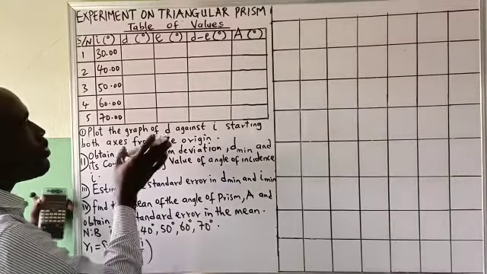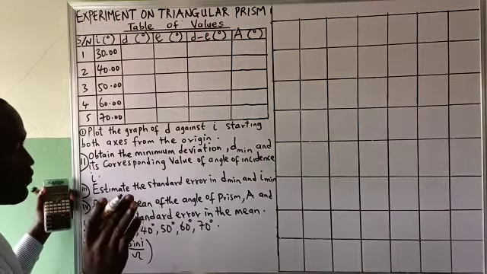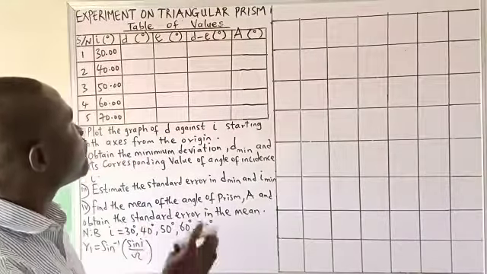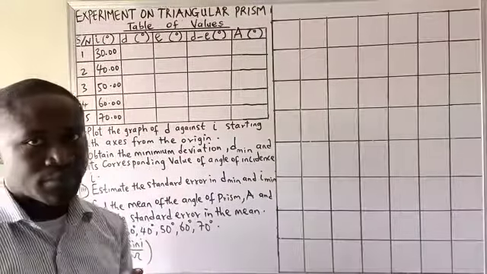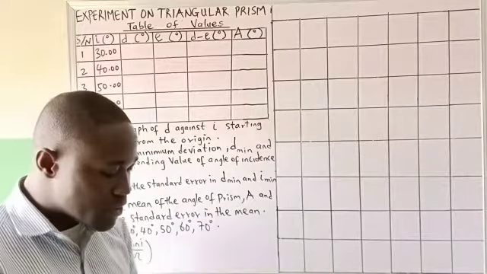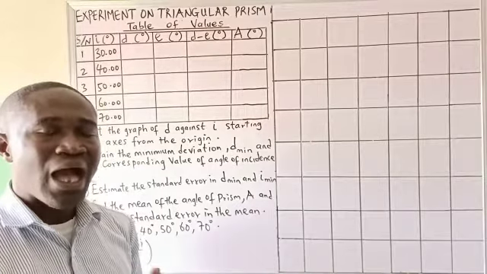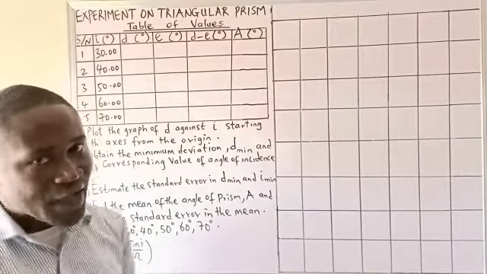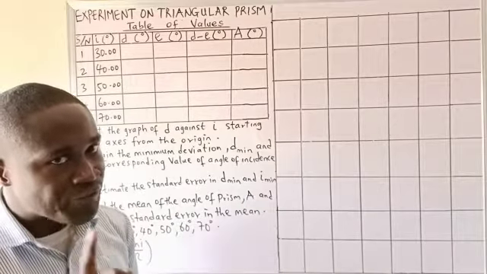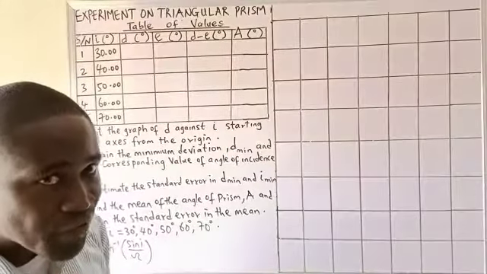For you to derive this, what you need to remember is that the refractive index of a triangular prism, I repeat, the refractive index of a triangular prism or rectangular prism is approximately 1.5.